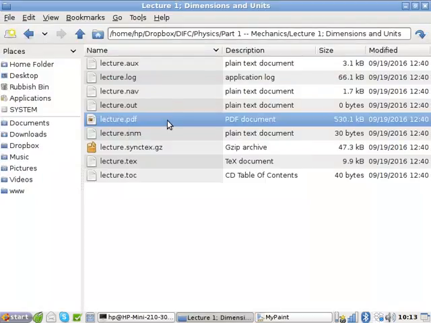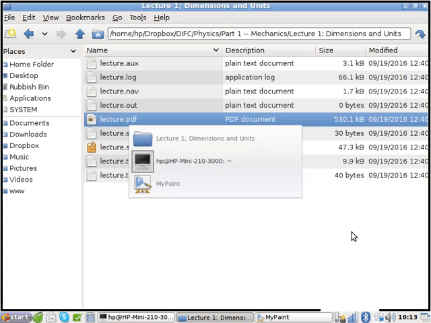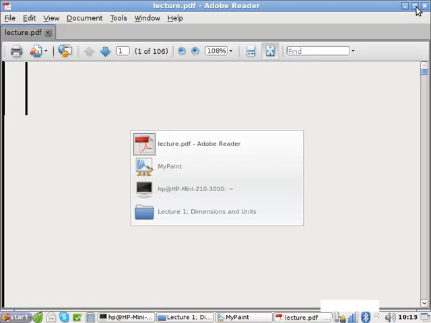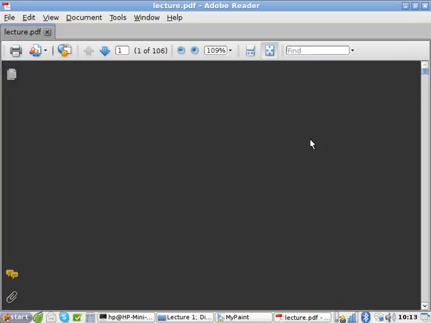That's actually the wrong one now. Okay. Try opening with a different application. Yeah, maybe. The Adobe one displays it the best for all the symbols and things. Here we go.